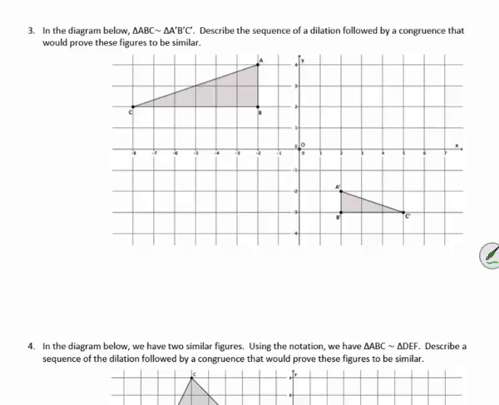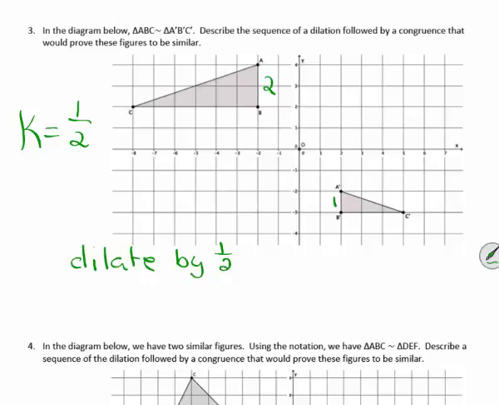So I have to first shrink it. To shrink it, if I look at this side and compare, I have 2, I have 1. When I do my scale factor, sorry, it's always image over pre-image.